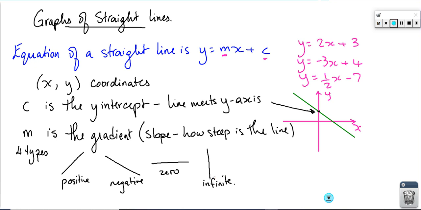Let me write down just one example beneath each. Positive: y equals 2x plus 5. Negative: y equals minus 3x plus 1. 0 gradient: y equals 5, for example. Infinite gradient: x equals 2, for example. Okay, so those are the 4 different types of gradients which we are going to meet.